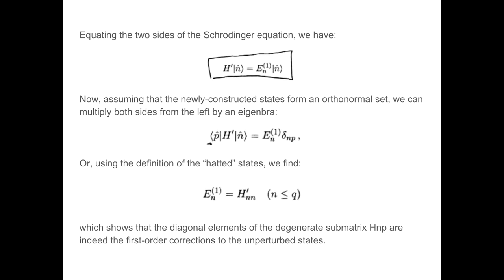They're linear combinations of the unperturbed states, and their coefficients are just normal coefficients. They're not like the coefficients we had when we were doing perturbation theory.